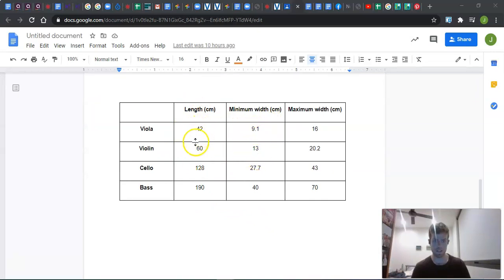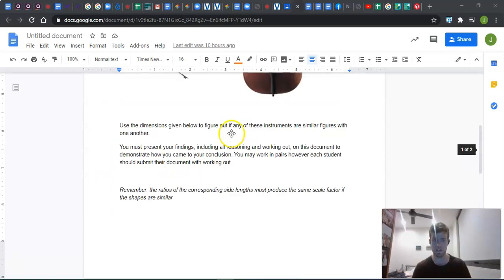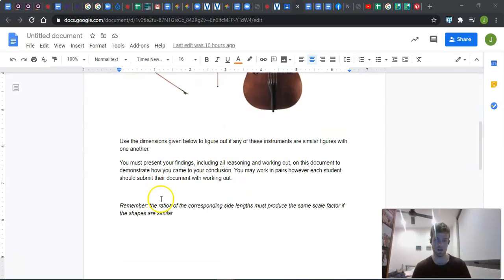So you'd figure out the scale factor by creating a fraction, say, between the viola and the violin of 42 over 60, and then see if that same scale factor still applies when looking at minimum or maximum width, so whether it falls in that range of being a similar figure. You compare that between the viola and the violin, the viola and the cello, viola and the bass as well, to identify which of these instruments are similar figures.